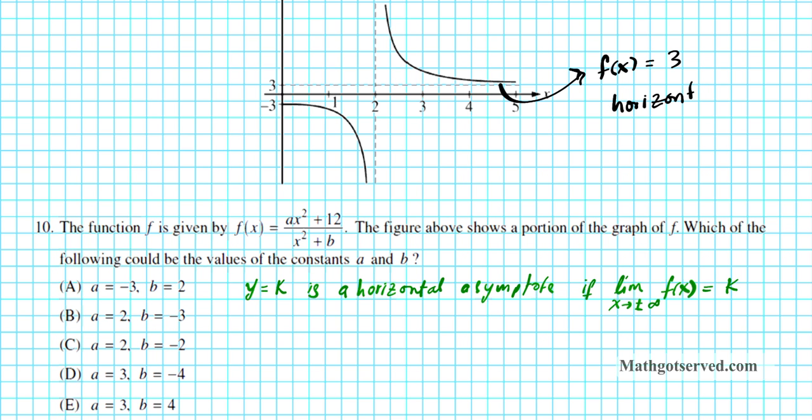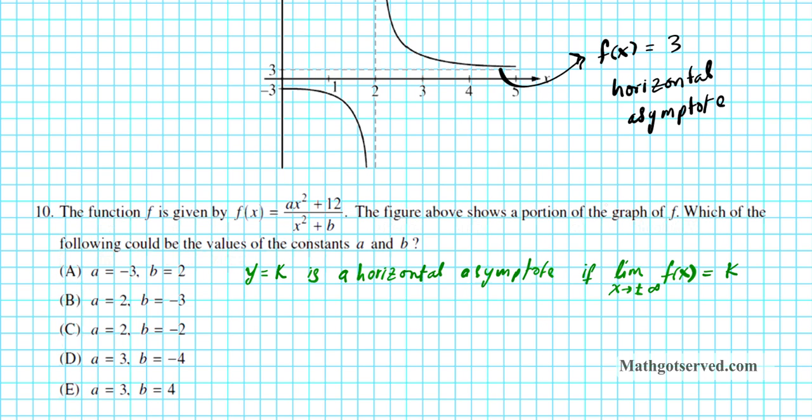All right, so how do we find our horizontal asymptotes? We basically take the limit as the function approaches plus or minus infinity. Let's use infinity here. So using this formula, this is a horizontal asymptote if the limit as x approaches infinity of ax squared plus 12 over x squared plus b is equal to the horizontal asymptote, which is 3.